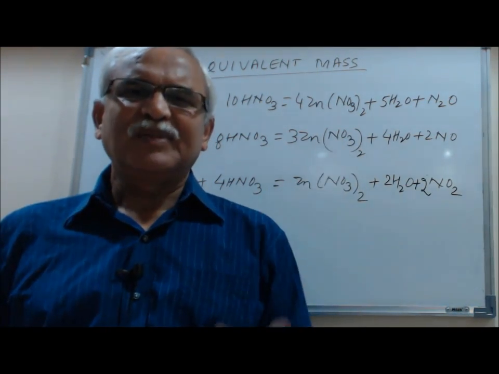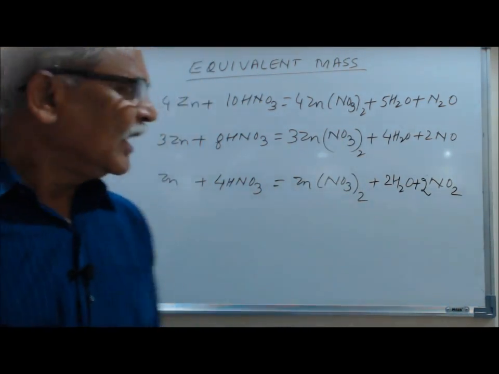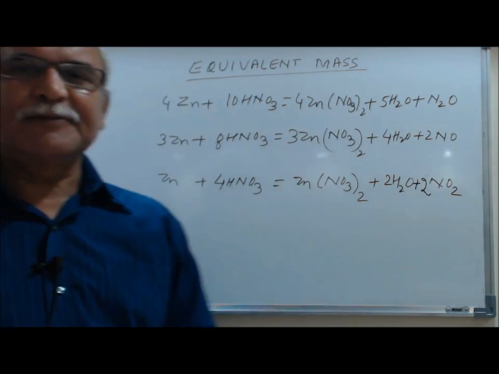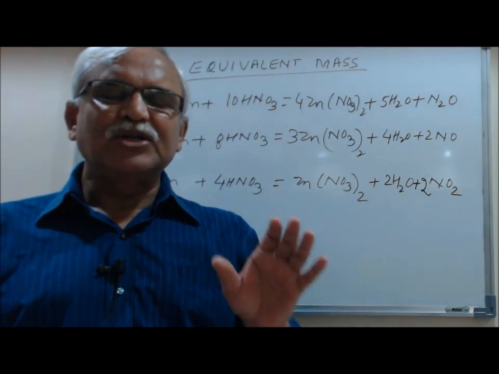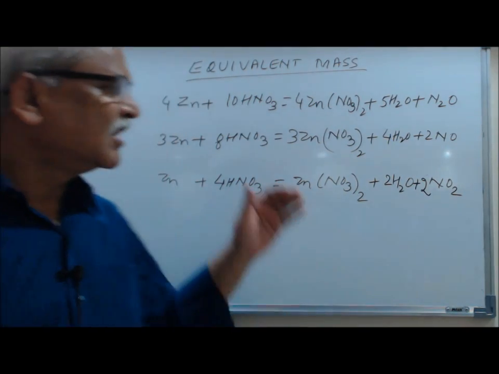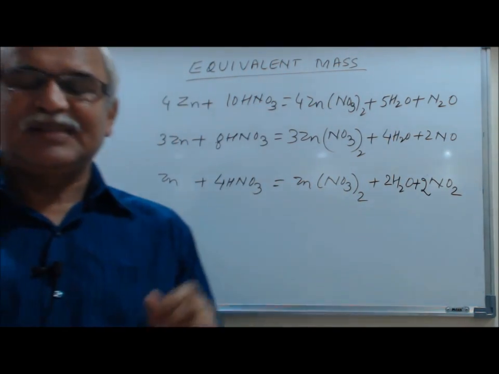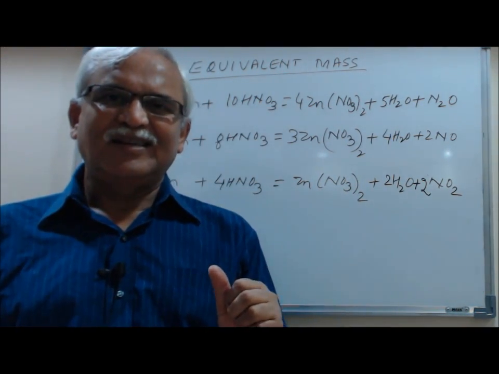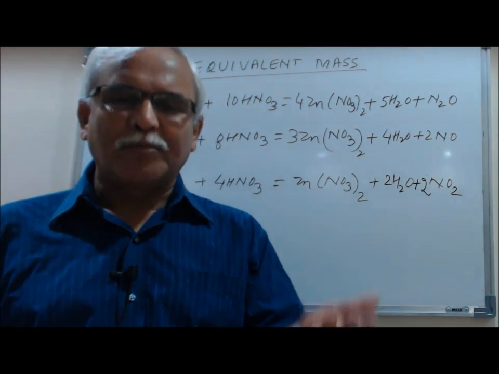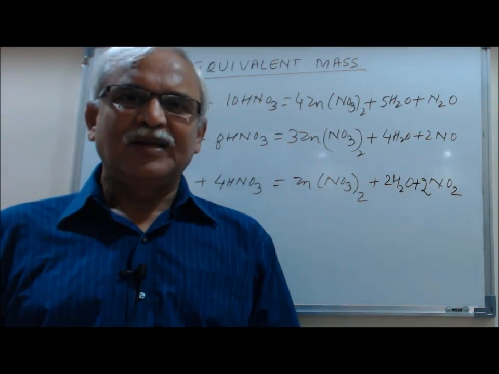Before we go to equivalent mass, I am showing three reactions. I am very sure every student having passed 10th must have heard about these reactions, that is, nitric acid reacting with metals like copper, zinc, iron.